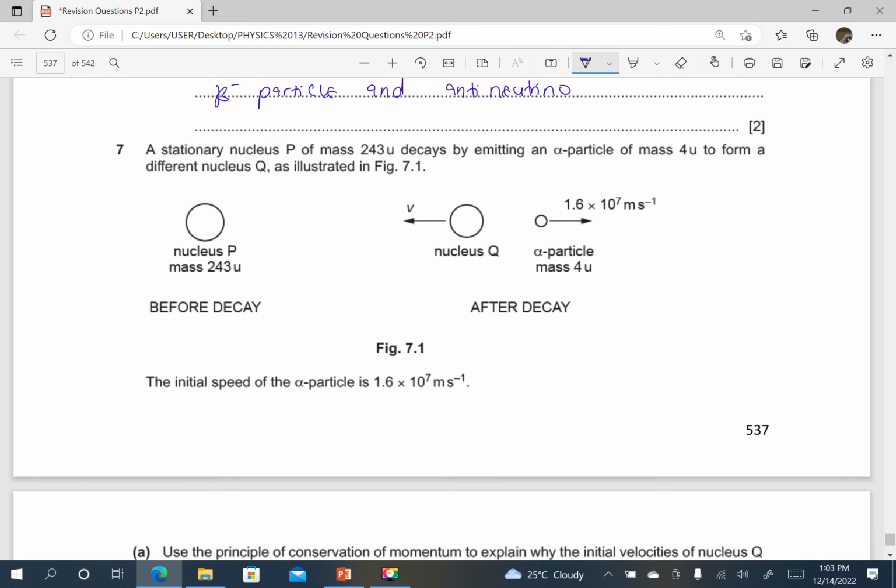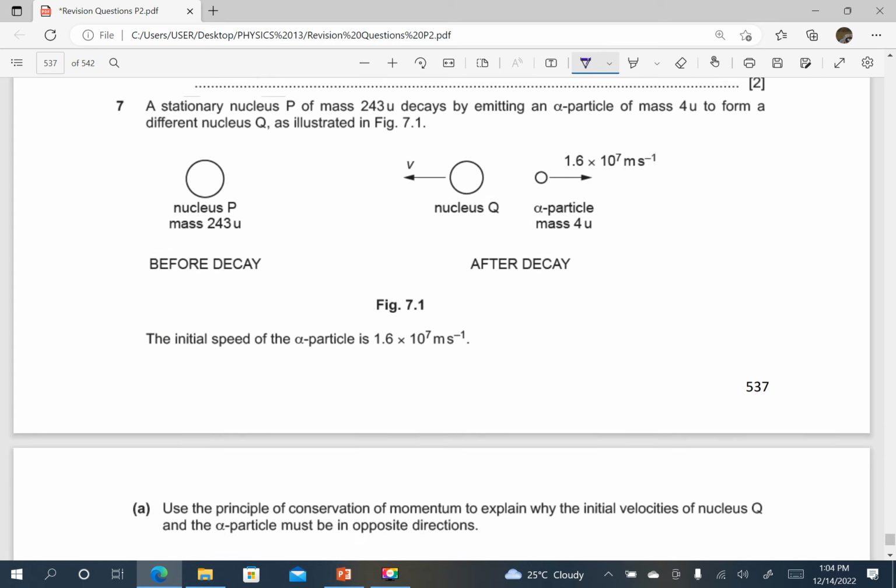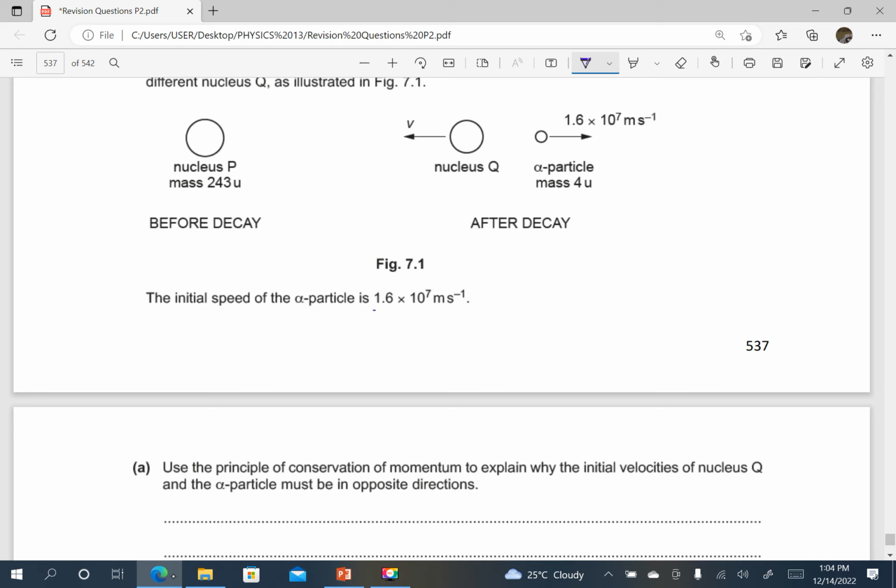A stationary nucleus P of mass 243 u decays by emitting an alpha particle of mass 4 u to form a different nucleus Q as illustrated here. So before decaying and after decaying. The initial speed of the alpha particle is 1.6 times 10 to the power 7 meters per second.